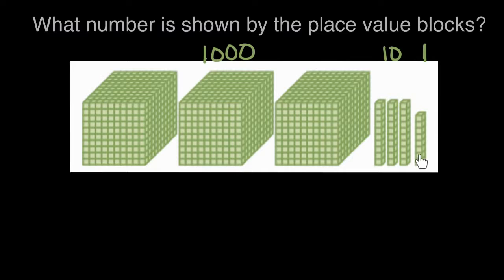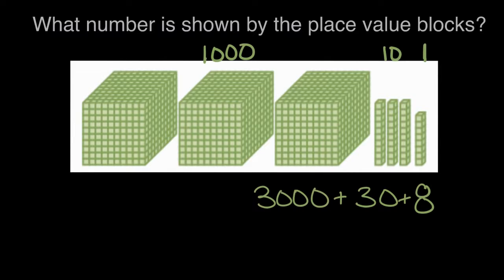So now let's count. We have 1, 2, 3, 4, 5, 6, 7, 8 ones, which is the same as 8, plus 1, 2, 3 tens, 30, plus no hundreds again, but 1, 2, 3 thousands, which is 3,000.